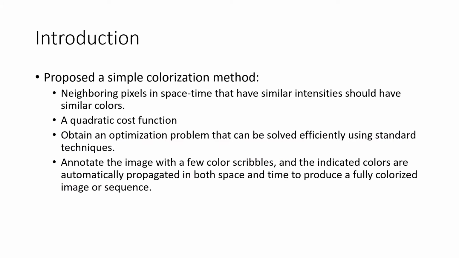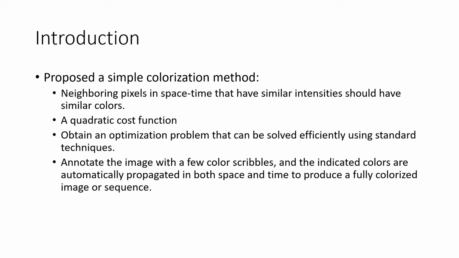The baseline model is a simple colorization method, and the concept is really simple. That is, neighboring pixels in space-time that have similar intensities should have similar colors. Now we can divide the sentence into several segments. First of all is the neighboring pixels.